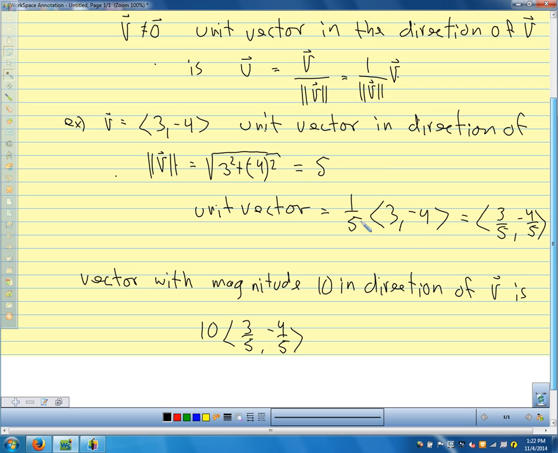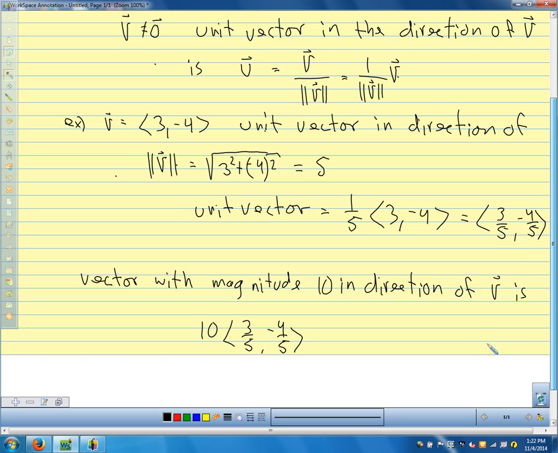We want to divide that 5 out of the vector so that the magnitude equals 1. And whatever I get after I divide by 5, I use to get any other magnitude, because the magnitude of this vector is 1.